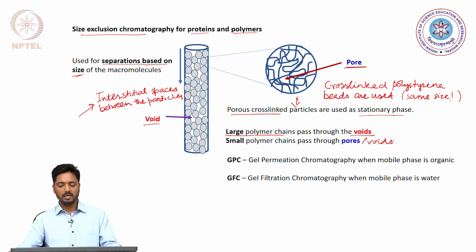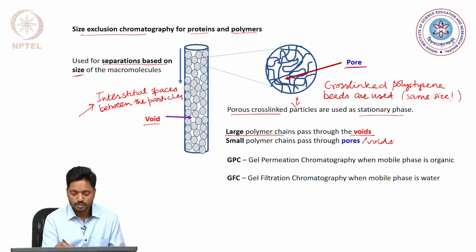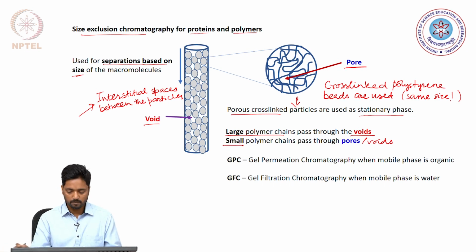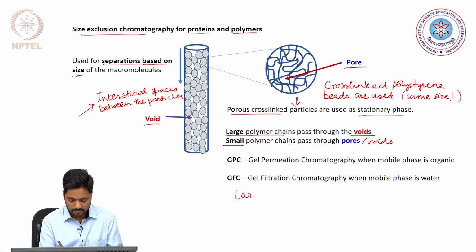So, essentially the time spent by the smaller polymer chains inside the size exclusion column is much larger, and hence the large polymer chains elute out first, compared to the smaller polymer chains.